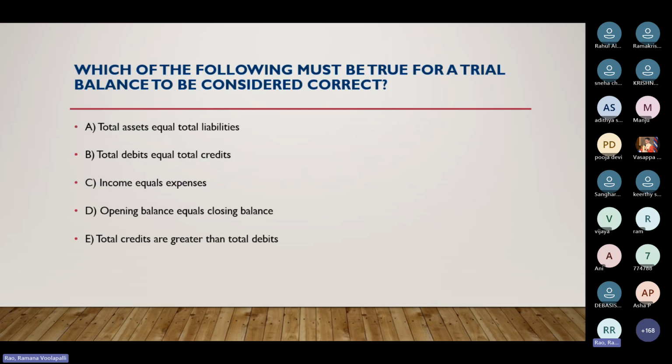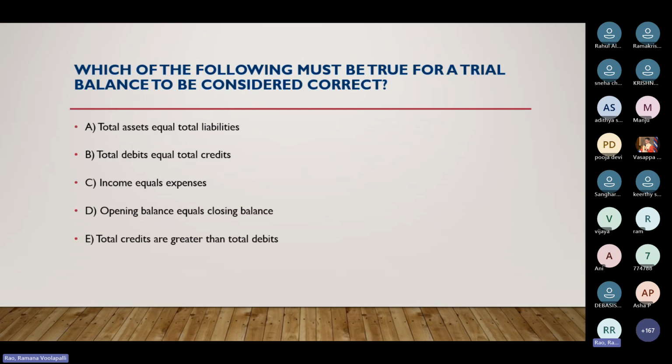Which of the following must be true for a trial balance to be considered correct? It is the previous question only. If you are remembering the previous question, the same. Which of the following must be true for a trial balance to be considered correct? Income equals expenses. Ashutosh sir is saying total debit equals credit.